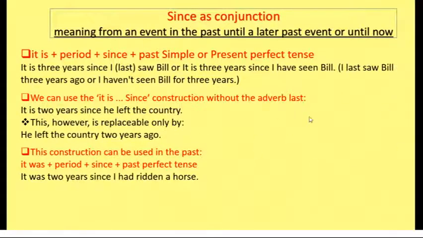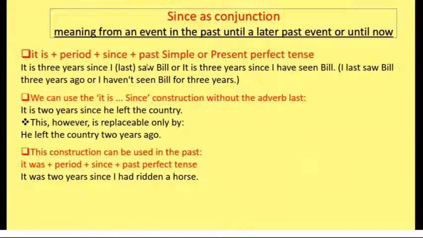This slide is about the use of since as conjunction, which means from an event in the past until a later past event, or until now. It is plus period plus since plus past simple or present perfect tense.